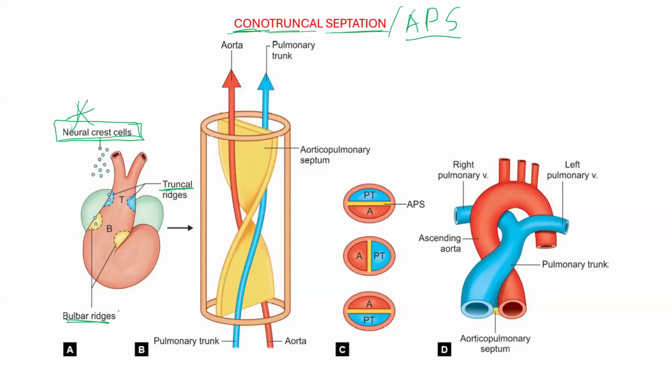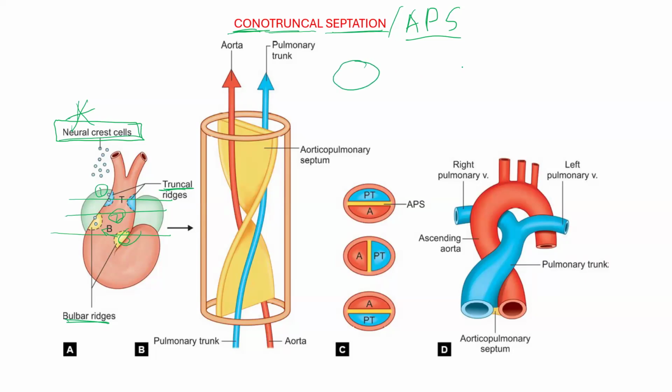Now, what happens is that these ridges grow towards each other. Initially they are on the sides. So imagine if you cut at that level, and at that level. So 1, 2, 3.